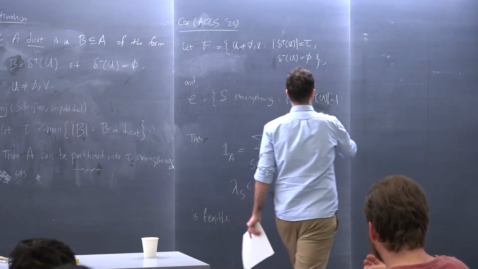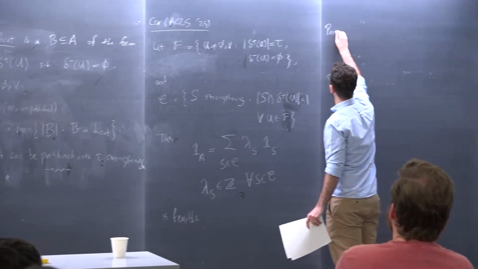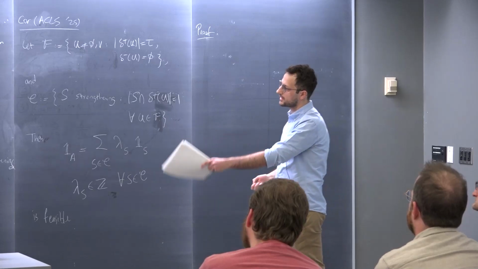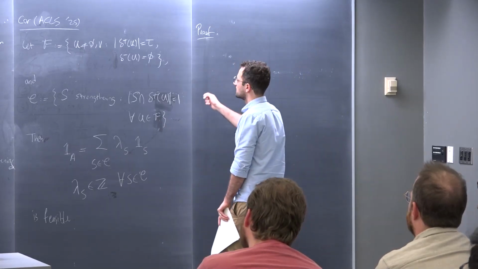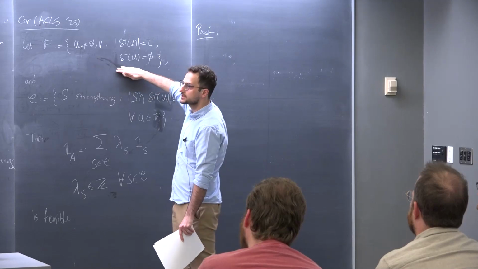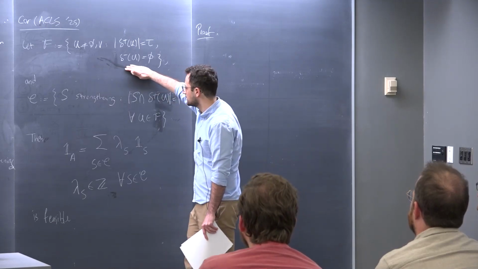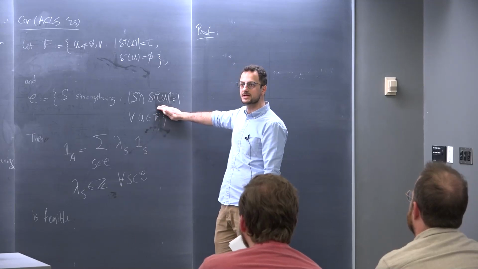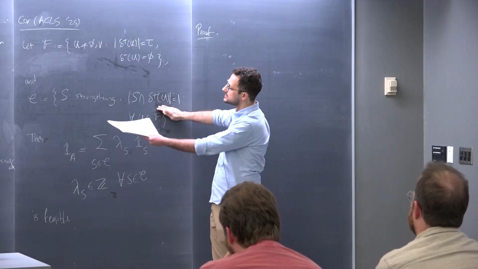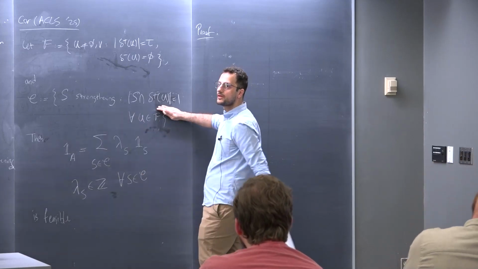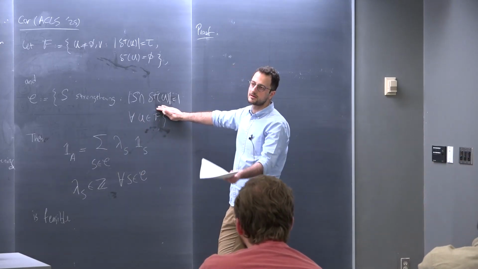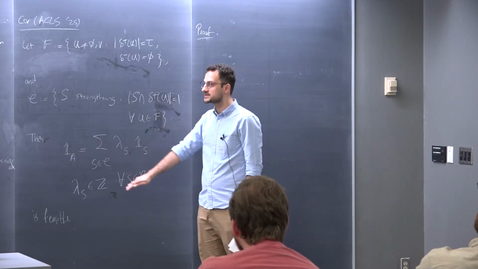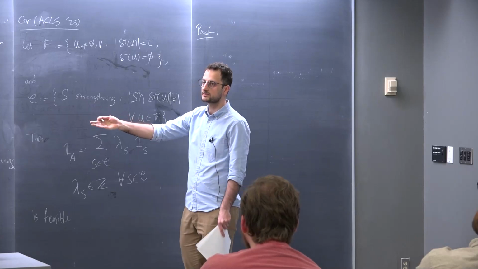Well, you just move to the corresponding face of the SCR polytope, right? If you move to the corresponding face, I set all of these to equality, then what is this set that I'm looking at? This is just making sure that it's satisfying those inequalities as equality. So these are precisely the strengthening sets that are sitting on that face. And then why is this true is because of some lattice theoretic thing.